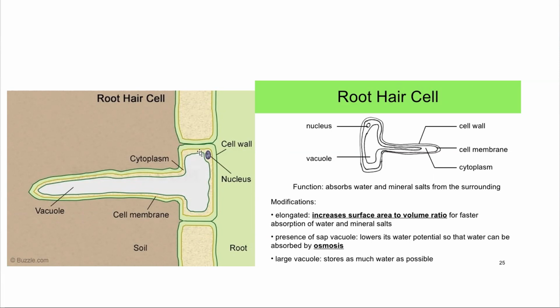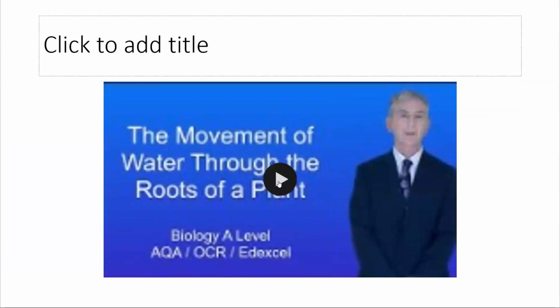So essentially there are these cells that the plant modifies, and this single cell, by creating a hair that heads out into the soil, drastically increases the surface area of the cell and therefore can take in water at a faster rate. This video does a pretty good explanation on it, so let's check this out.